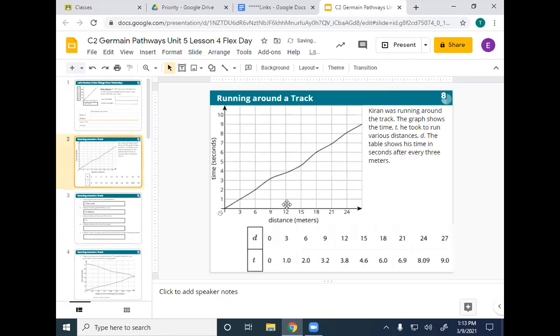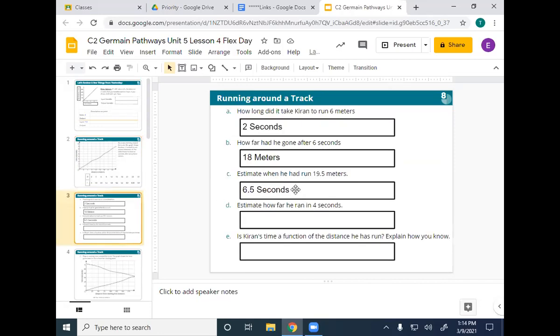Because you were looking for a value where? Between the 18 and 21 distance, very good, so between 6 and 6.9 seconds. So I would take something more than 6, less than 6.9. So 6.5 works. What was another one that somebody else got?